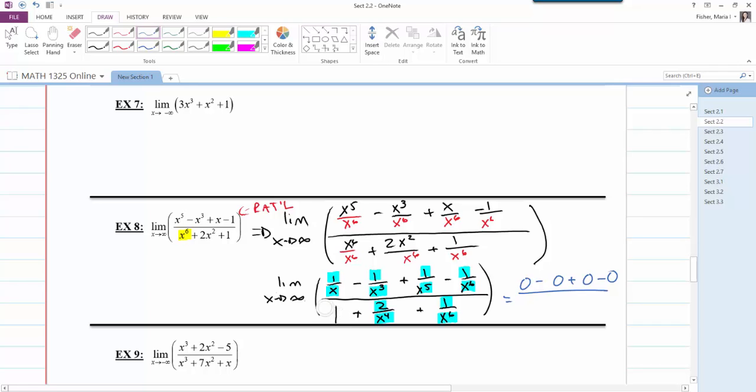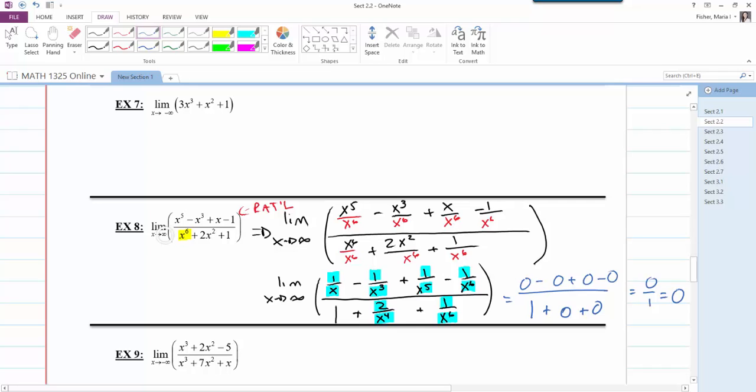Recall from section 2.1, the limit as x approaches infinity of a constant is the constant. So in this case, we have 1. And then here, the limit as x approaches infinity of 2 over x to the 4th is 0, plus 0. So if we work all this out, we have 0 in the numerator, 1 in the denominator. 0 divided by 1 is 0.